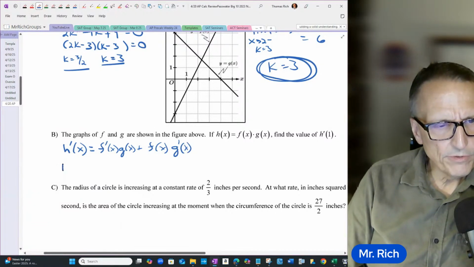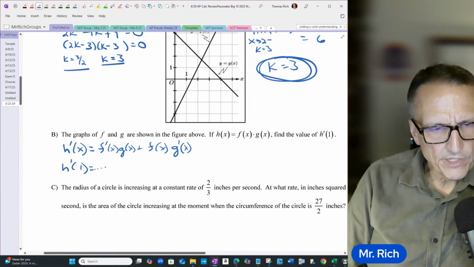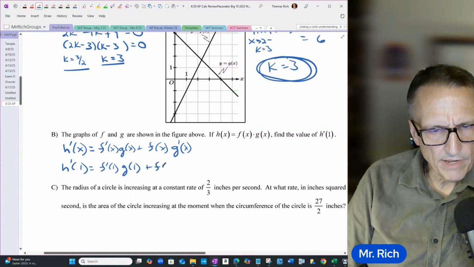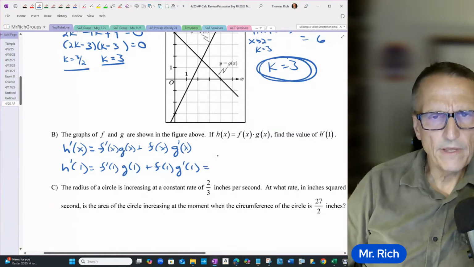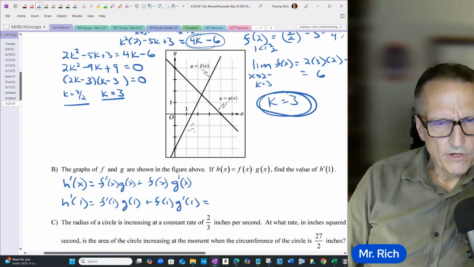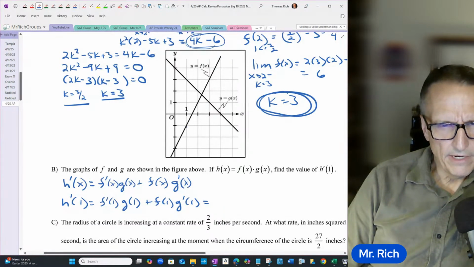So h prime of 1 is therefore f prime of 1 times g of 1 plus f of 1 times g prime of 1, and we're using the figure above. f prime of 1 is the slope of that line, because the derivative is the slope of the function at that x value, and it's a linear function.